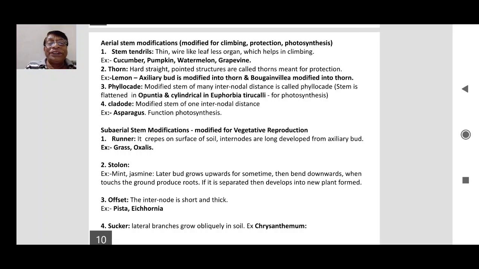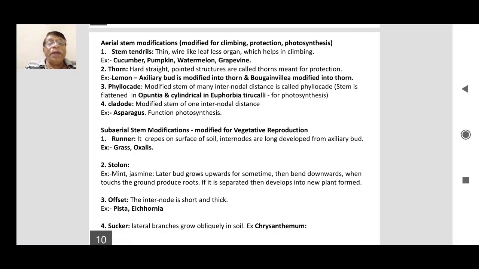The modified stem of one internodal distance is called cladode. There is a difference between cladode and phylloclade. Phylloclade is a modified stem of many internodal distance, whereas cladode is a modified stem of one internodal distance. So that's all. Stem modified for support or climbing, protection, photosynthesis, etc.